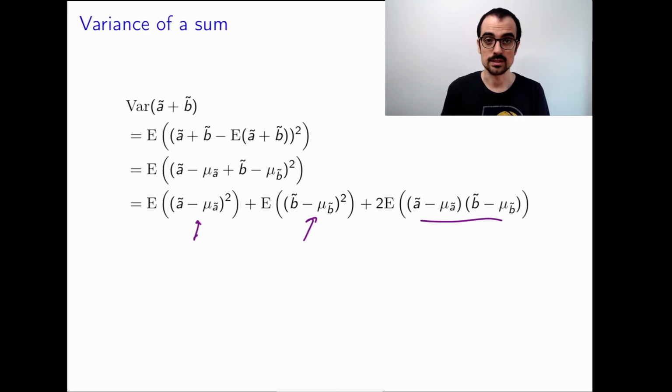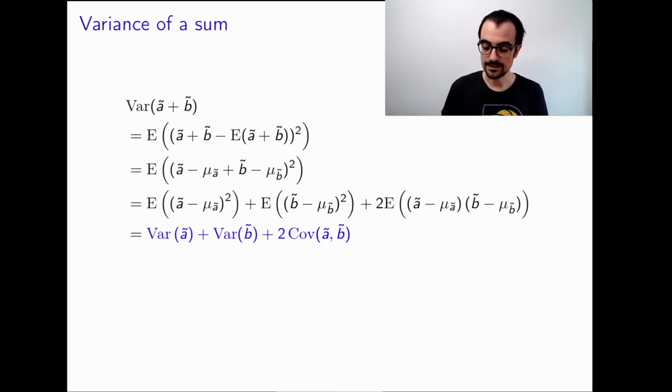Now, by definition, what are these guys equal to? You can take a moment to think about it. Well, the first one is just the variance of A. The second one is just the variance of B, and this guy is just the covariance between A and B. So we get a very interesting expression where the variance of a sum is equal to the sum of the variances plus twice the covariance.